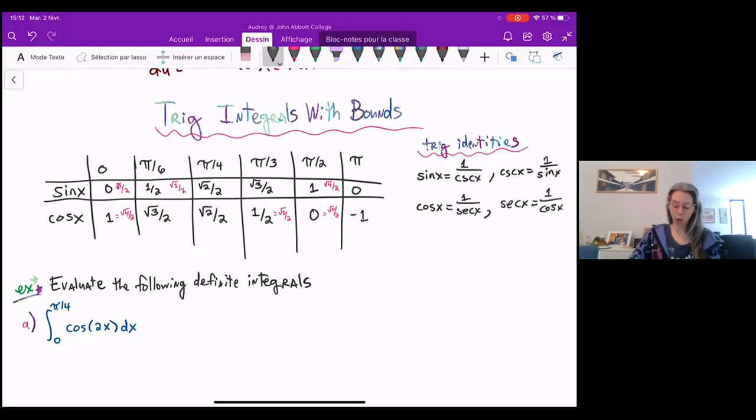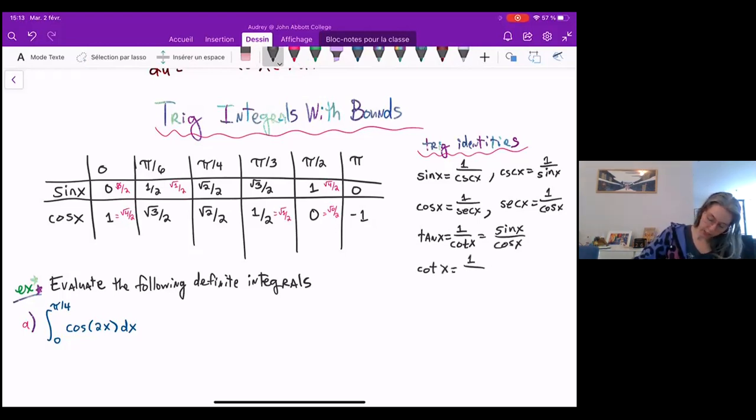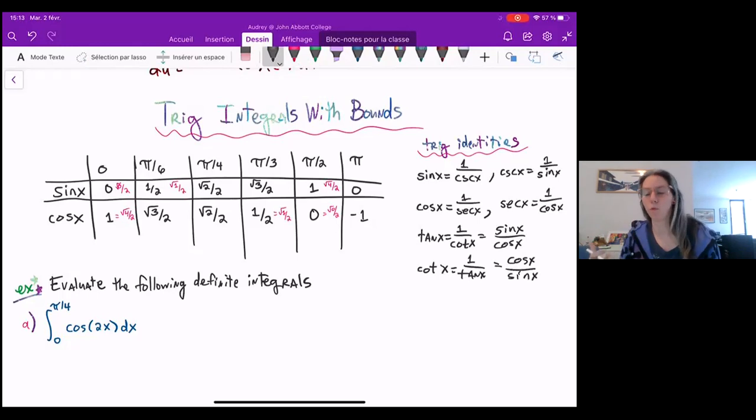And tangent x is sine x over cosine x, and cotangent x is 1 over tangent x, which is cosine x over sine x. Knowing these identities will help you to more easily plug these things into your calculators and use this table right here to come up with actual values that are not decimals.